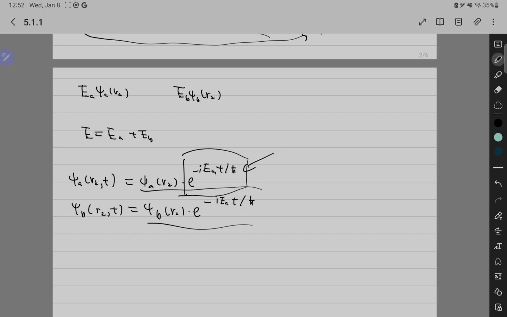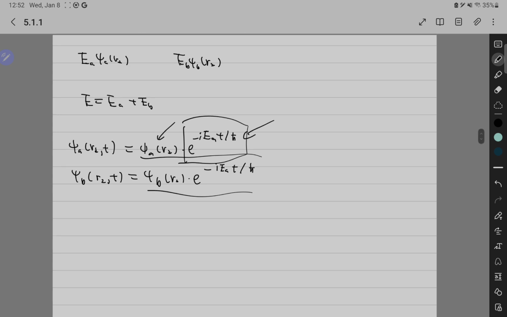This part is the time evolution operator part, and this part is the spatial part. This was talked about in chapter 3, like the general solution of Schrödinger's equation or something like that. But we should move on with our case and realize that we have two separate solutions for our two particles.